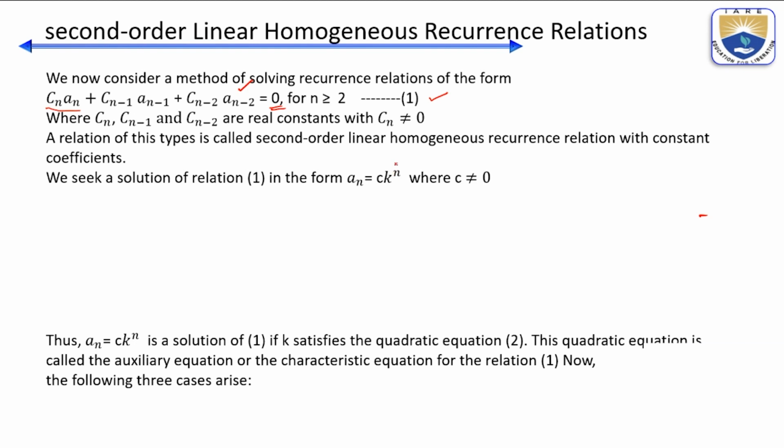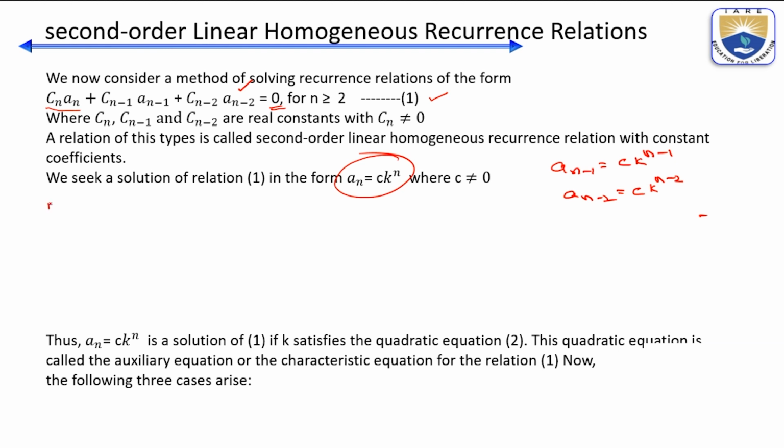So for that, let us assume that the solution of the equation 1 is of the form an equals c k to the power of n. In the same way, an minus 1 is c k to the power of n minus 1, and an minus 2 is c k to the power of n minus 2. So now we are going to substitute in the equation 1.